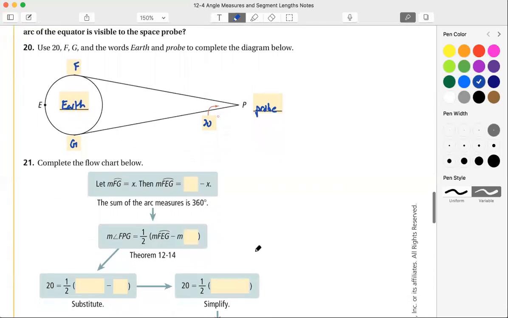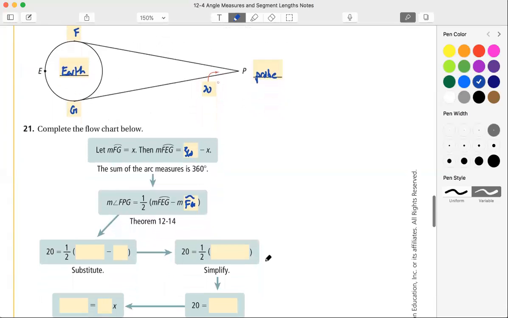All right. So let the measure of arc FG equal X, then the measure of arc FEG is going to equal 360 minus X. So then the measure of angle FPG equals 1/2 of the measure of arc FEG minus arc FG. Now substitute my measures.